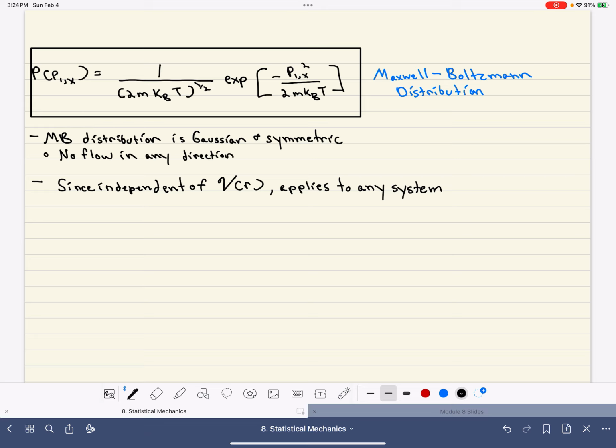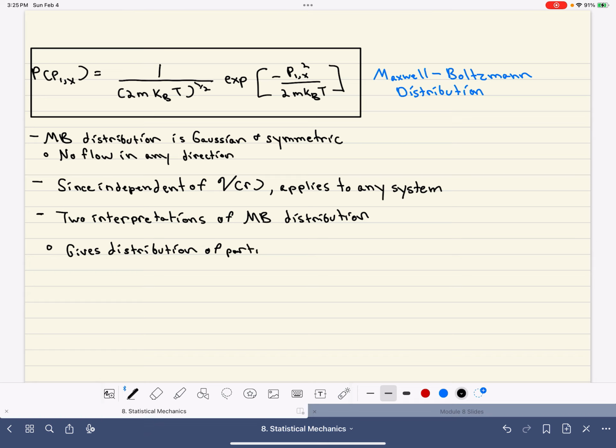All right, and so there are two ways that you can interpret the Maxwell-Boltzmann distribution. You could think of it in terms of time, so it's a temporal distribution, giving the probability distribution of a single particle over a long period of time.